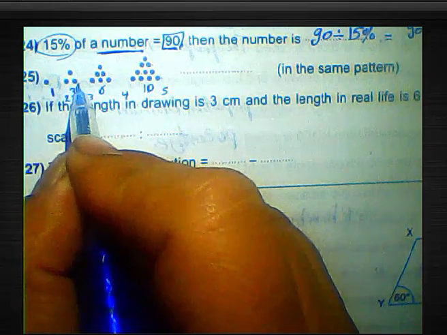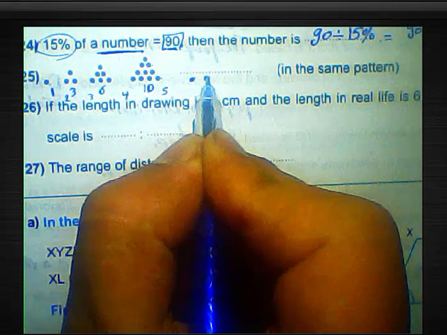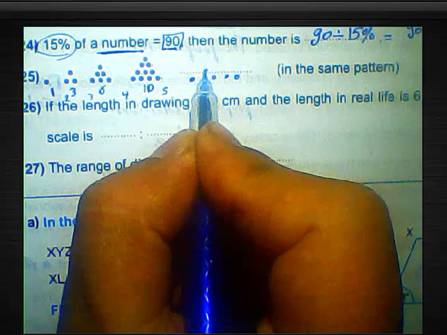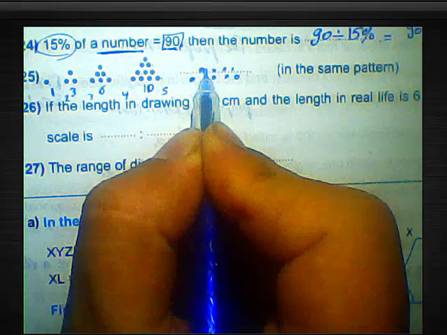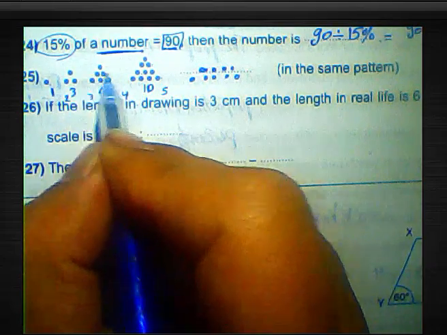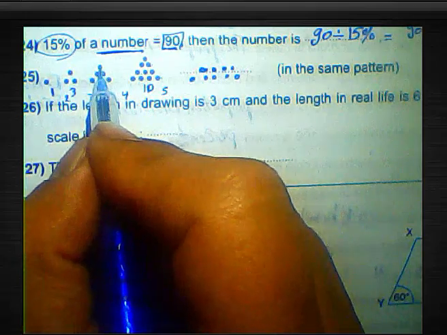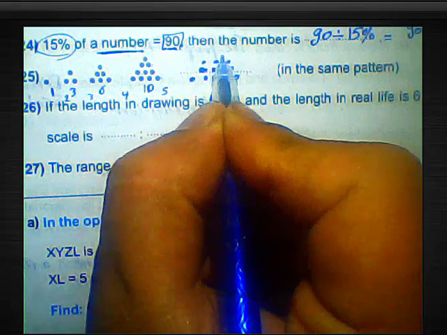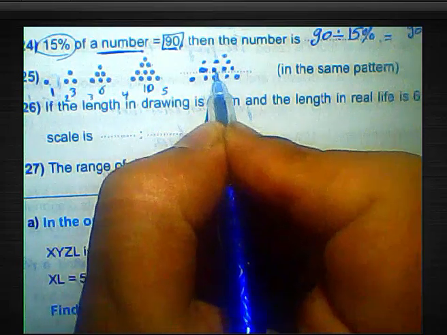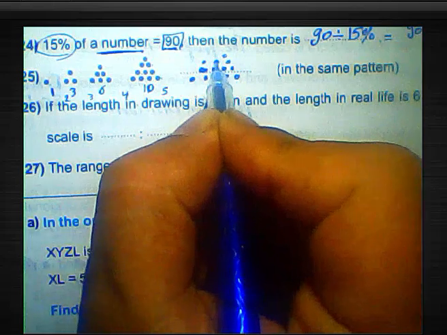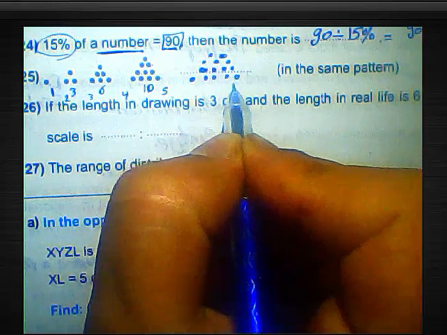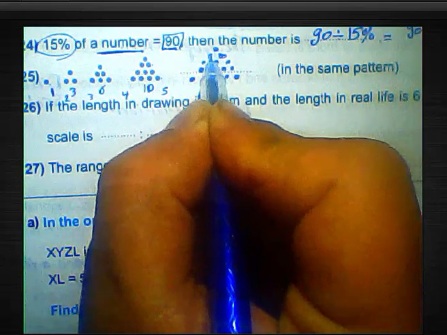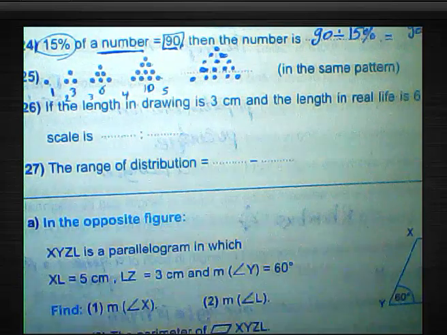Counting the spaces: 1, 2, 3, 4, 5, and 0, 1, 2, 3, 4, then 1, 2, 3, 4, 5. Here 1, 2, 3, up to 15. Okay, the result will be 15 points.